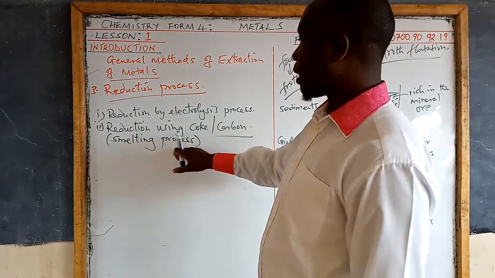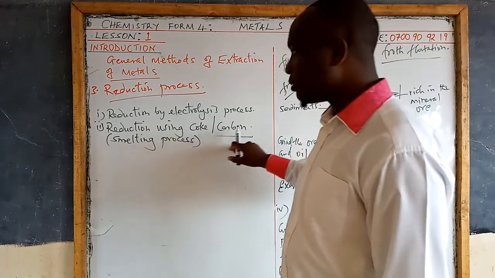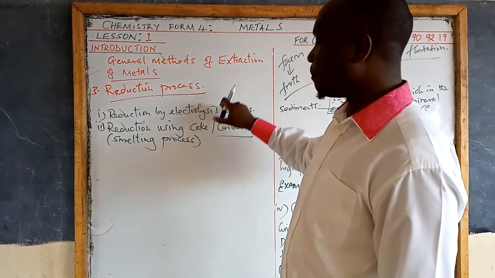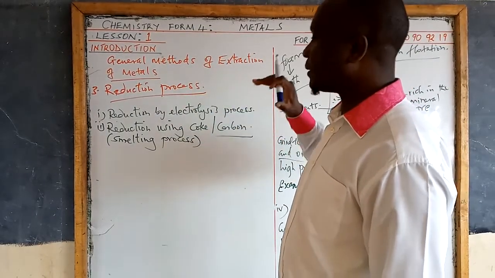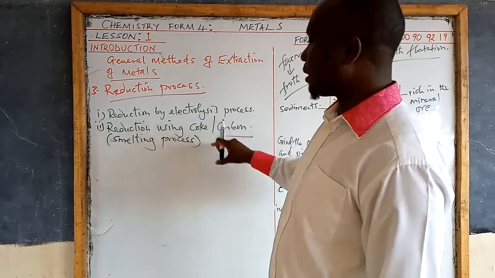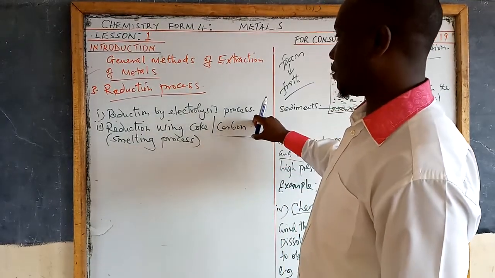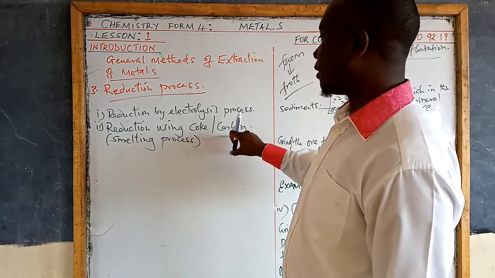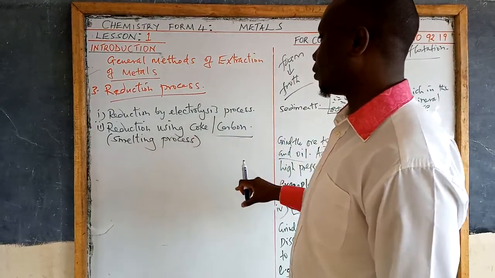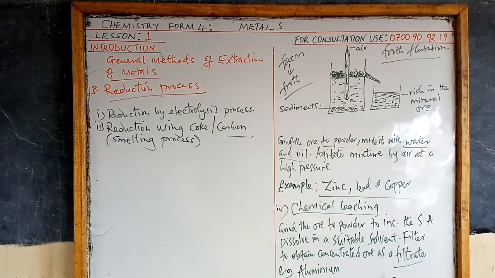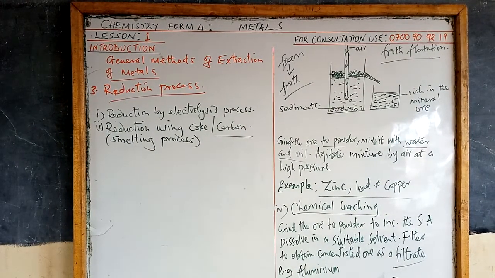So you might resort to using carbon, because this one is usually relatively cheaper compared to electrolysis. But for metals that are more reactive, that are above carbon in the reactivity series, you cannot use this method for their reduction. So let me just write for you the reactivity series. We have the metals very fast, and then we go through it.